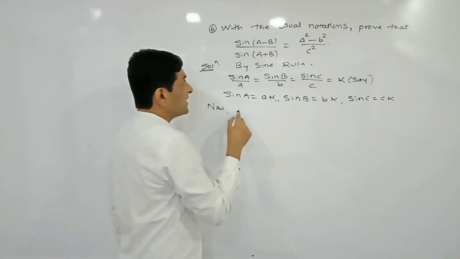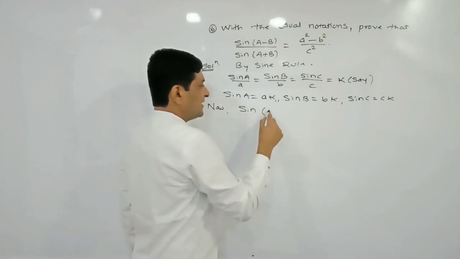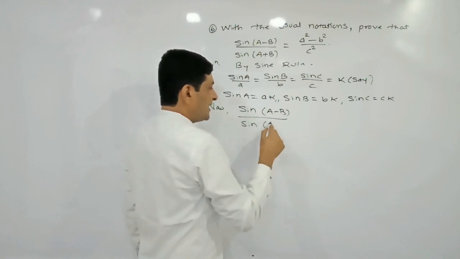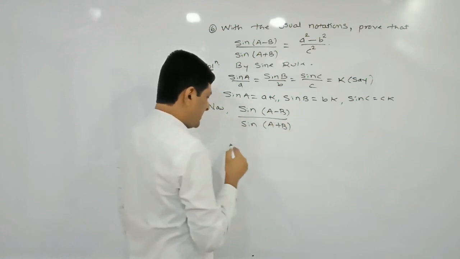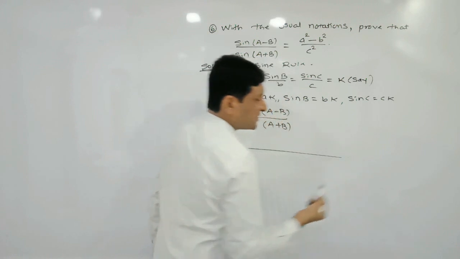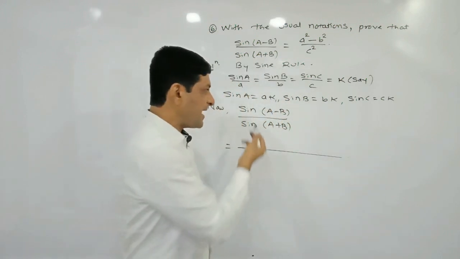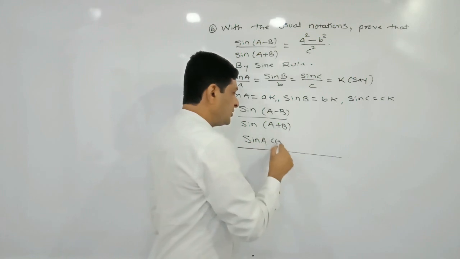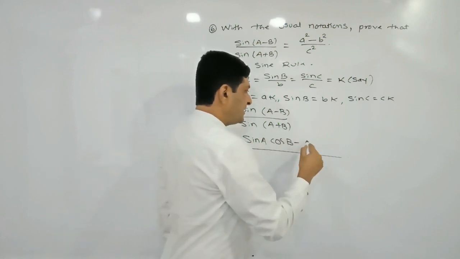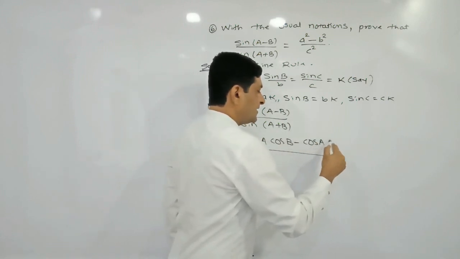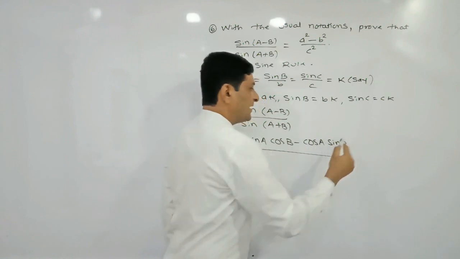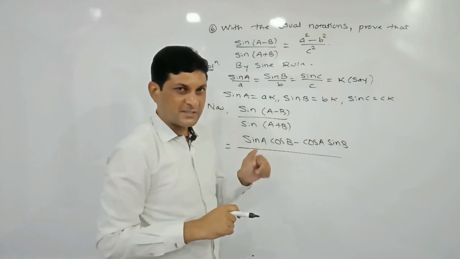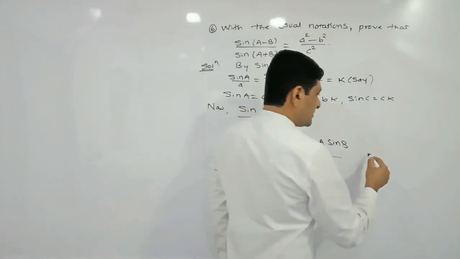What is our left hand side? Sin(A minus B) upon sin(A plus B). What is the formula of sin(A minus B)? Sin(A minus B) can be written as sin A cos B minus cos A sin B. In the denominator, since the term of plus appears, we apply a different result.